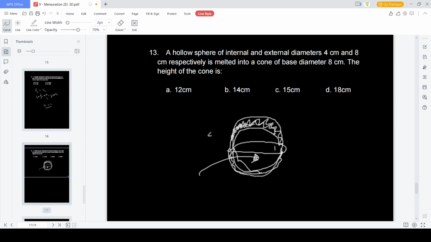We need to understand. Can we write the material used as volume of the larger sphere minus volume of smaller sphere? Correct, no? The internal diameter is 4, that means internal radius will be half, and similarly for the external diameter.